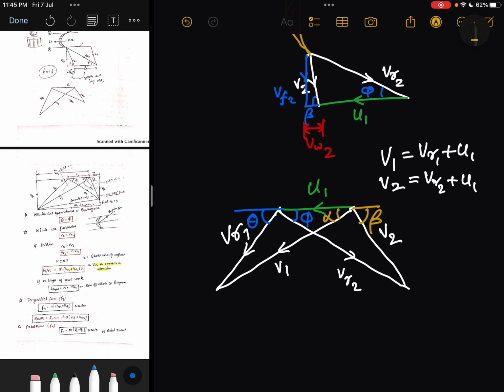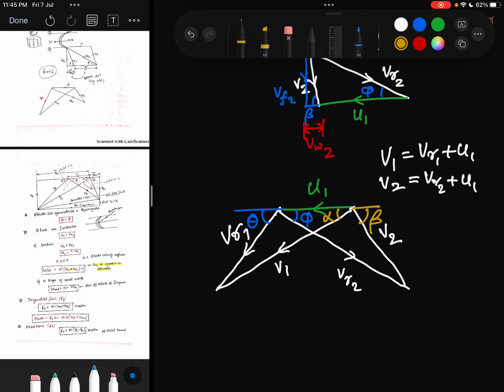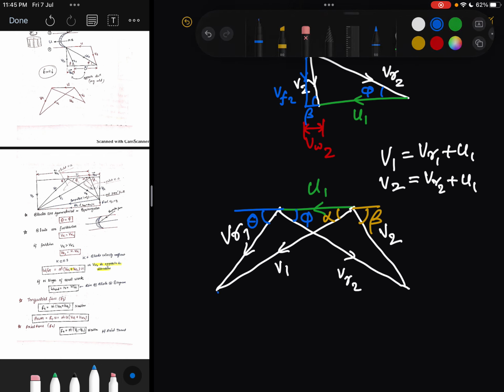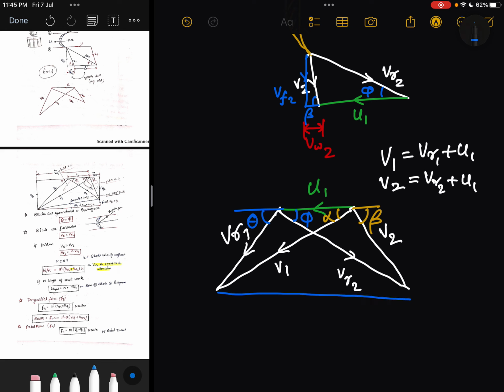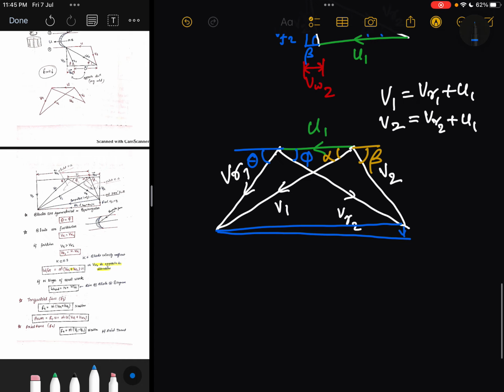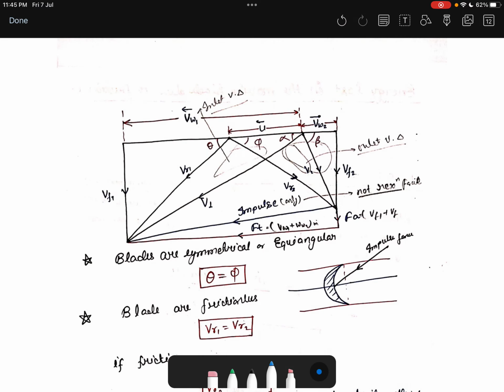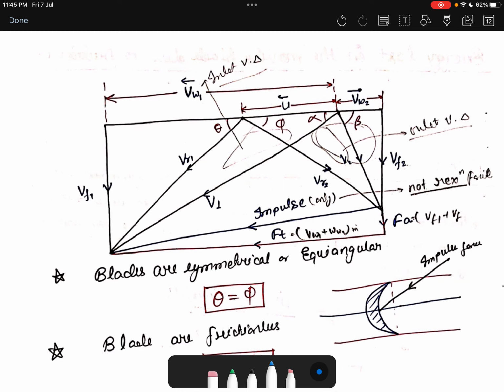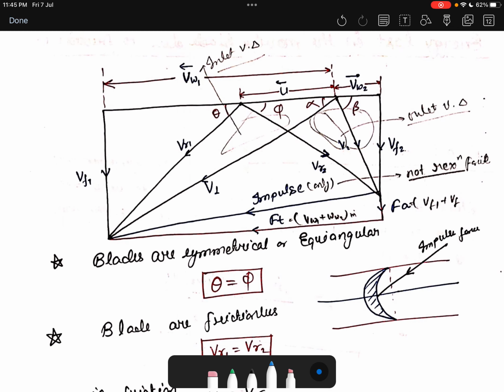Now in this figure there will be some slight change in the velocity components. In this figure you can see the angles and the different velocity components, as I have already mentioned.